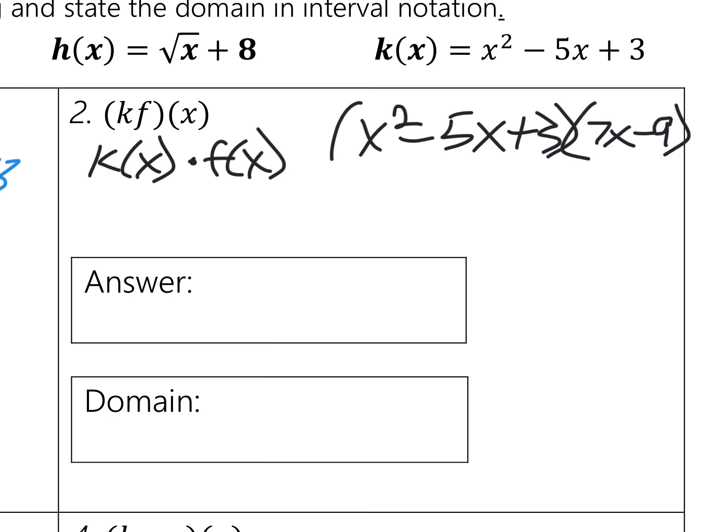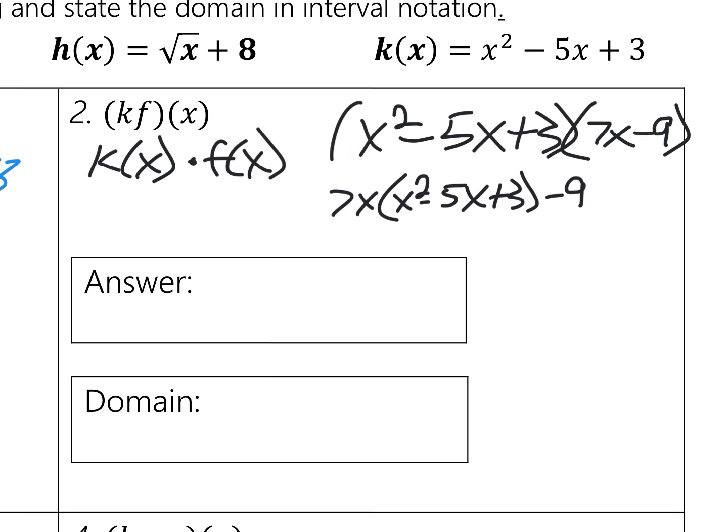So however you want to work this out, you have to multiply all of these terms times each other. So I'm going to set it up like this. I'm going to do 7x times x squared minus 5x plus 3. And then I have this minus 9. Again, that's this term here, minus 9 times all three of these.